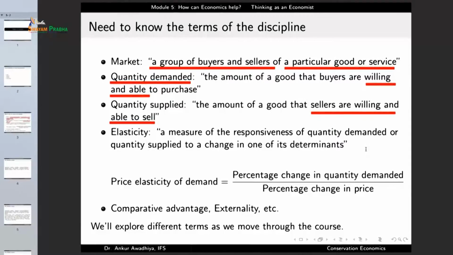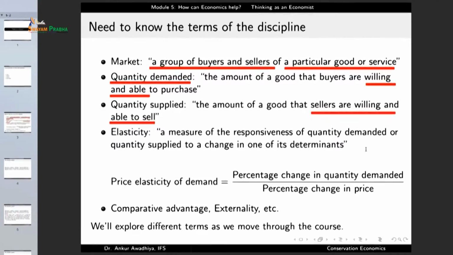So these people have access to the tiger. But tiger conservation has been successful only because these people are unwilling to go into the forest and poach a tiger. So we also have to work at the level of the willingness and the ability of the sellers or the potential sellers. So these are some important terms in economics.